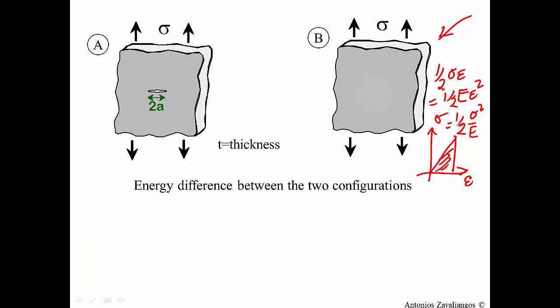First of all, far away from the crack, there is no difference between a body with a crack and a body without a crack. Now, at the crack tip, in front of the crack tip, there is an amplification of the stress. I would like to point out that the amplification is very local.